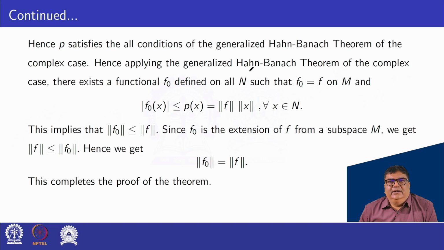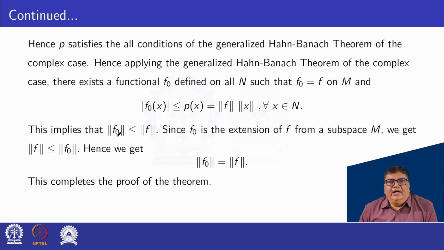Hence, applying the generalized Hahn-Banach theorem of the complex case, there exists a functional f0 defined on all of N such that f0 = f on M. M is a subspace of N, and |f0(x)| ≤ p(x) = ||f|| ||x|| for all x belonging to N.